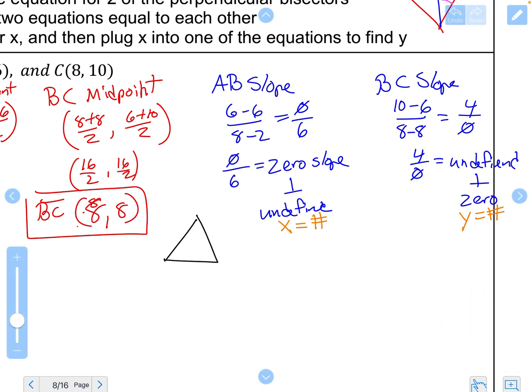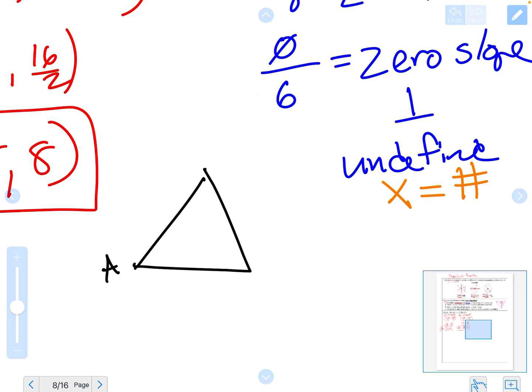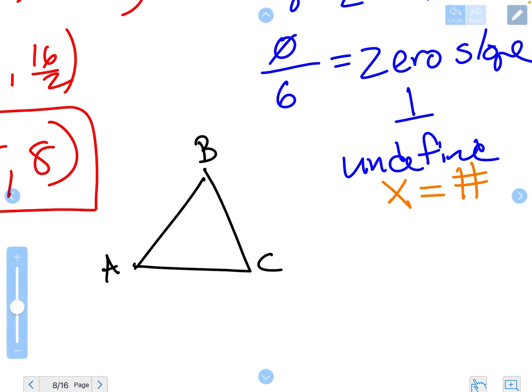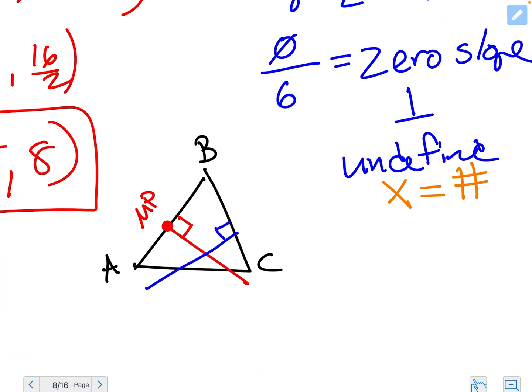Let's draw a triangle ABC. So if I need the perpendicular bisector of AB, if I have my midpoint, it's going to be x equals, I want the x value of my midpoint. And if I'm finding the perpendicular bisector of BC, I'm going to need the point of that midpoint.